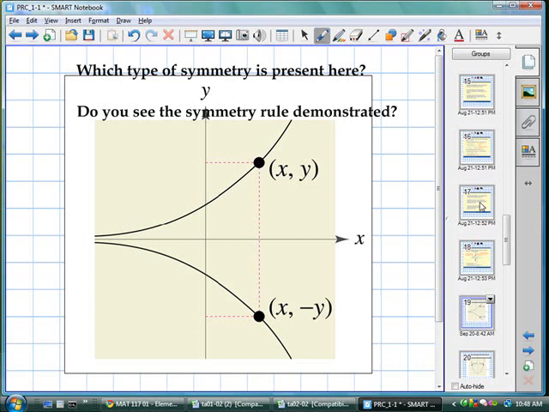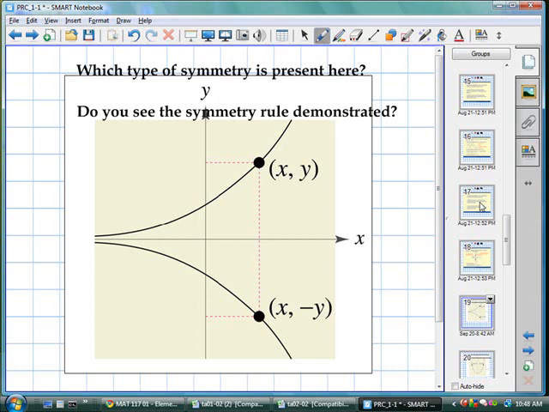So that's x-axis symmetry. How would you find out? Well, you could do this. Take your equation and pick a number for y, and then pick the same number for y with the opposite sign. Does it make any difference? You find out that both of them work.